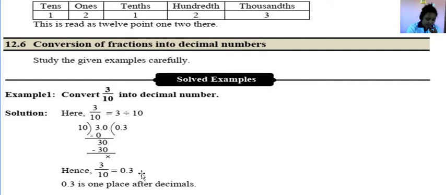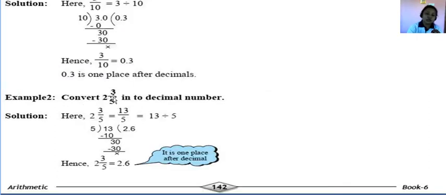Next, convert 2 3 by 5 into a decimal. We can convert this mixed fraction into an improper fraction: 5 times 2 is 10, 10 plus 3 is 13, so 13 upon 5.